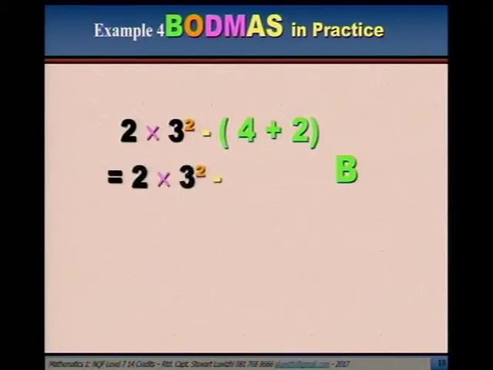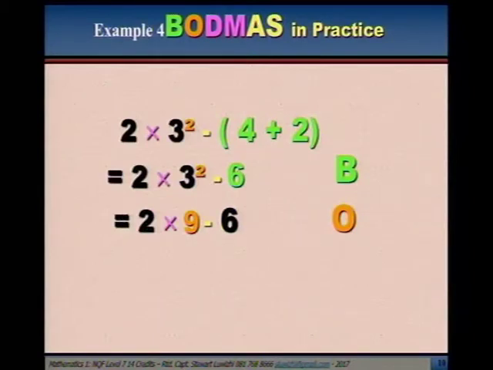Then we deal with what is in the brackets first, where we'll get our 6. Now, after B, we go to order. And the order in our problem there is the 3 squared. That's what we should do. We bring the minus 6 down and the 2 down. It's not affected. Then we deal with the 3 squared first. Okay? So we get our 9.